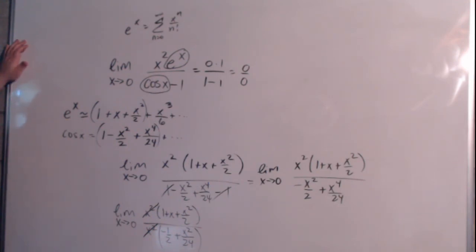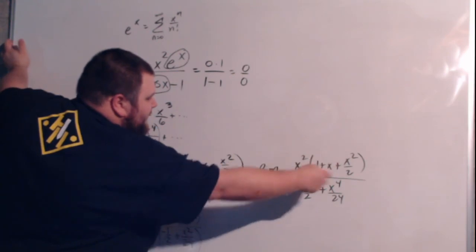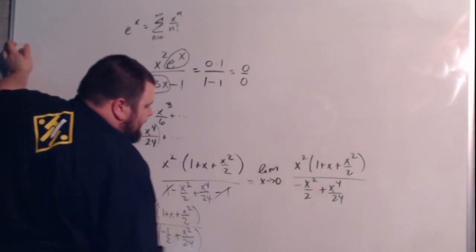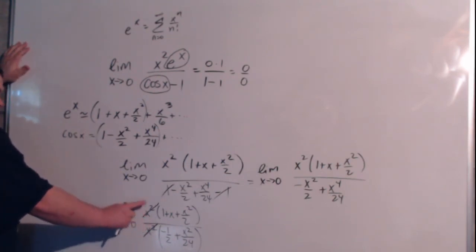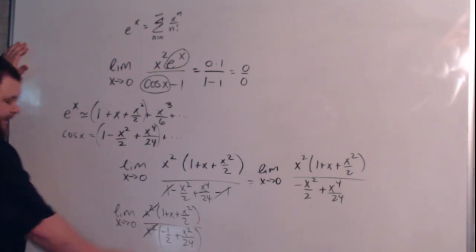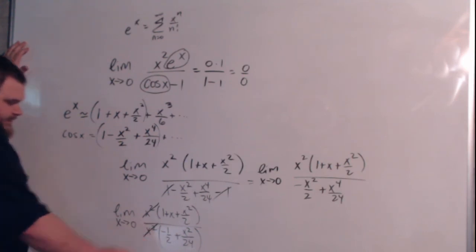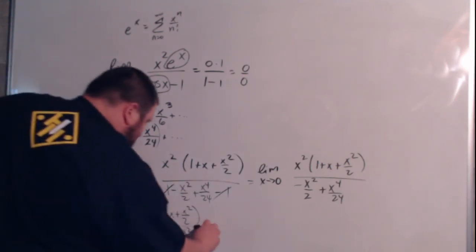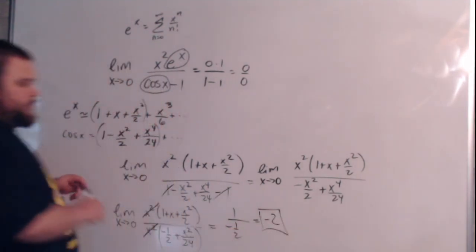And the reason I wanted to do that was because, again, I'm letting x go to 0. So any term that has an x in it goes to 0. If I look at this right here, well, I get 0 times something, right? That's going to give me 0. And then all these terms are 0. So it's as though it didn't help me. But if I factor out the x squared down there and cancel those, now all of these terms will go to 0, but I still have these constants that will stick around. So this is 1 over negative 1/2, or negative 2.